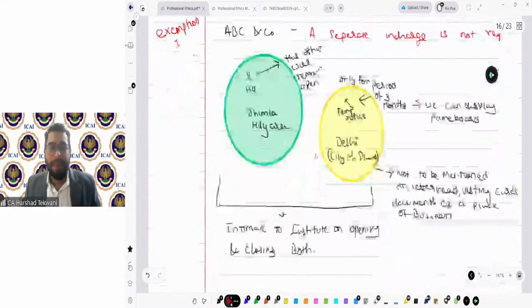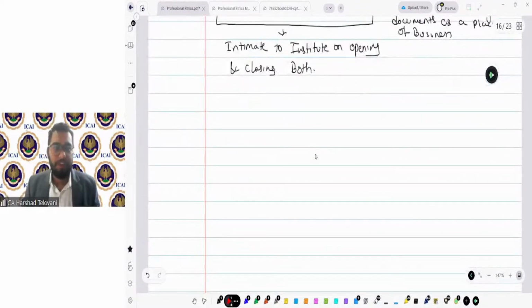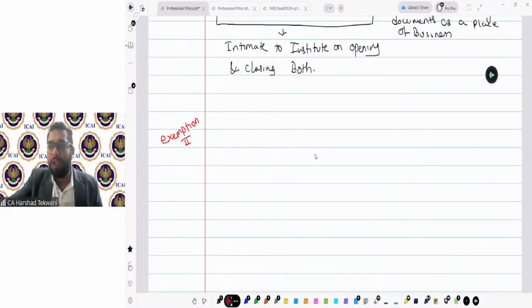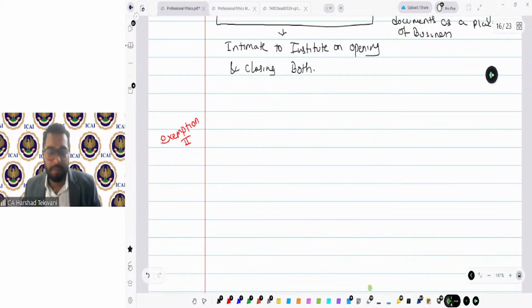Now let us understand the second exemption which is given. The second exemption is with respect to the limit of cities.